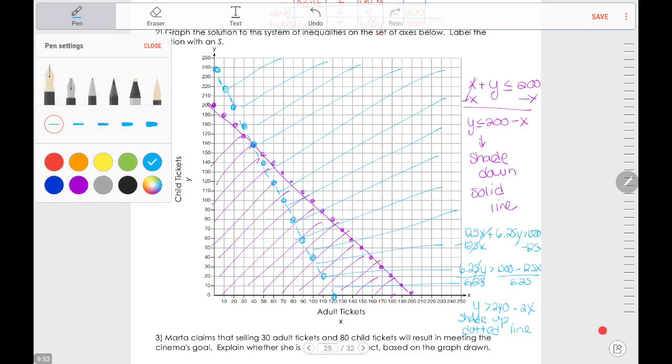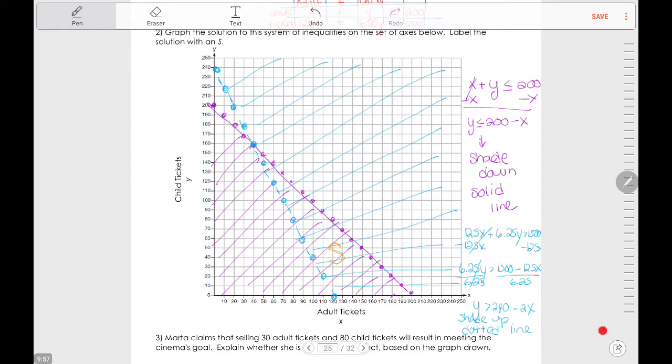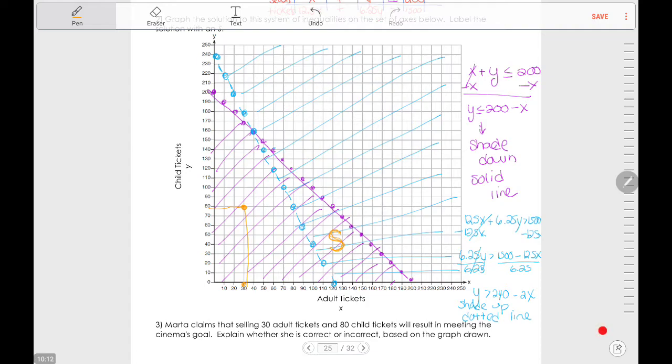Okay, and our solution is where those two things intersect. So our solution is in this entire space. So Marta claims that selling 30 adult tickets, which is here, and 80 child tickets, which is here, will result in the cinema meeting its goal. Explain why she is either incorrect or correct.